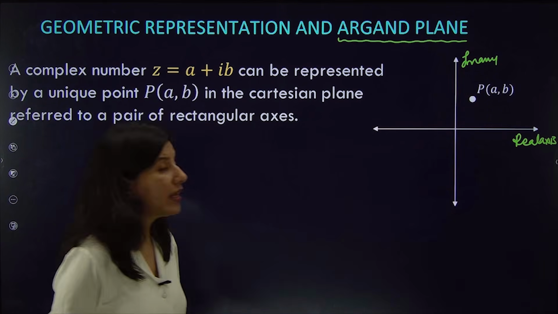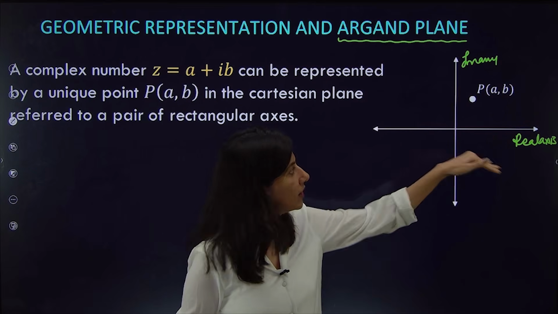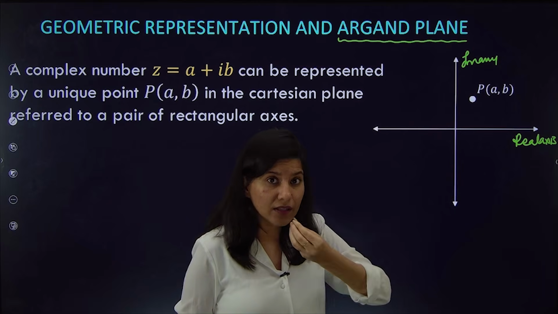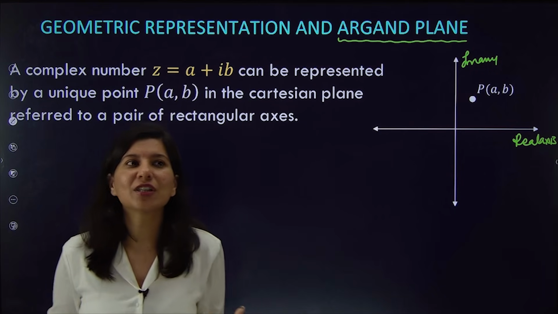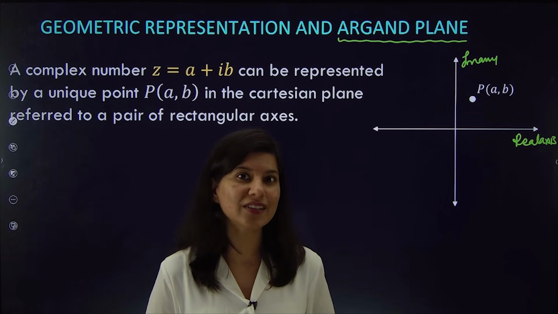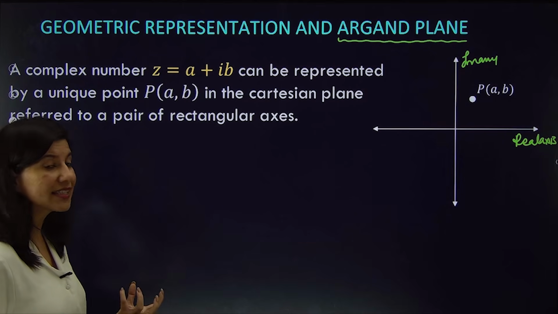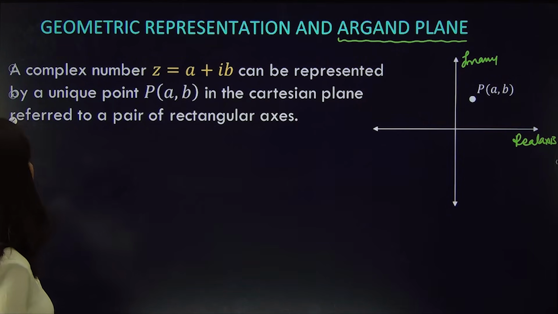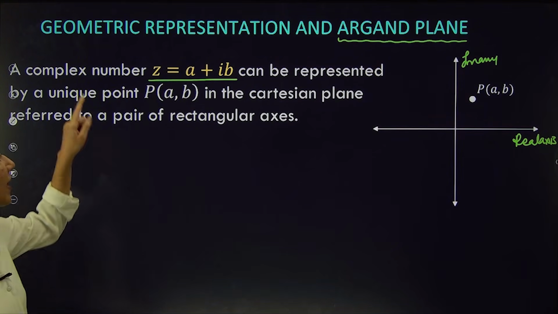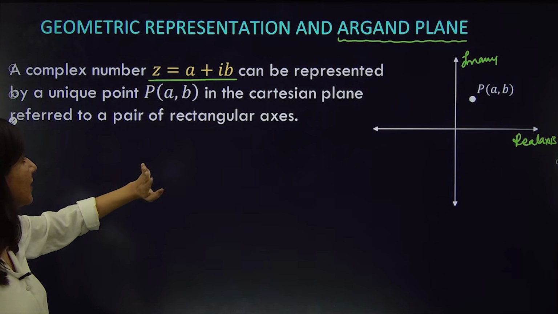Now a plus iota b represents a point in that argand plane. The concept is the same, just the words are different, because we cannot say x-axis and y-axis, since x and y exist in reality. So a complex number z equals a plus iota b can be represented by a unique point a comma b in the Cartesian plane referred to a pair of rectangular axes.